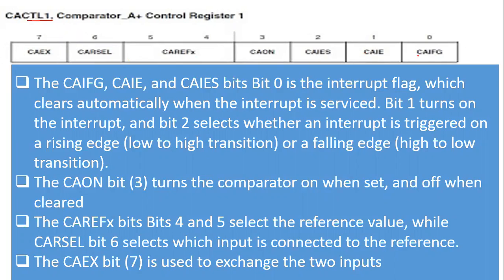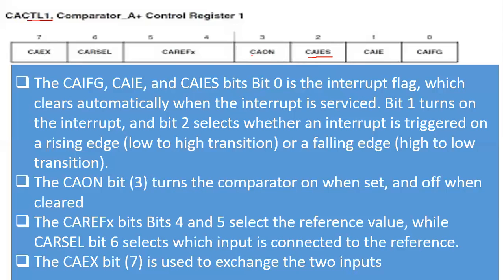CAIFG we already studied, that is the interrupt flag generation. Since an interrupt is generated, we have to enable the interrupts, that is CAIE. Once the interrupt is enabled, which type of triggering will be used is selected by the interrupt edge selection, because you already know triggers are of two types, level triggering and edge triggering.